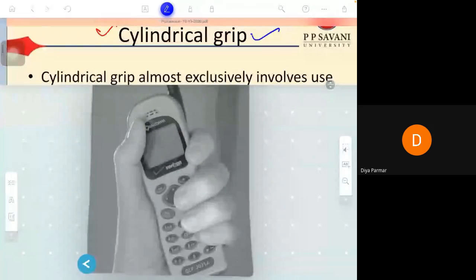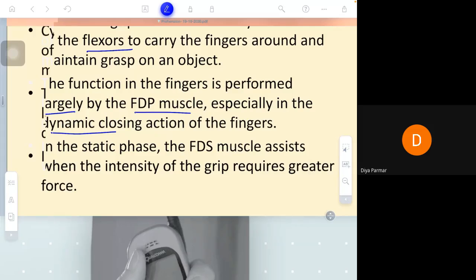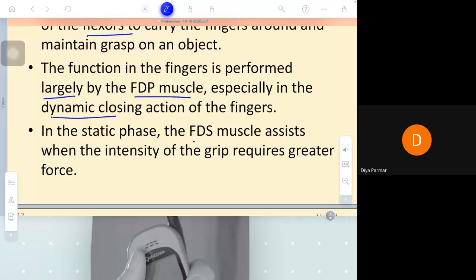If you want to grasp this object very tightly, which muscle will come into play? FDS. In the static phase, FDS assists when the intensity of the grip requires greater force.